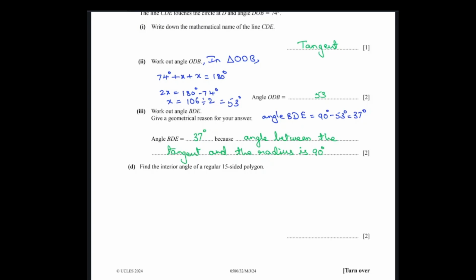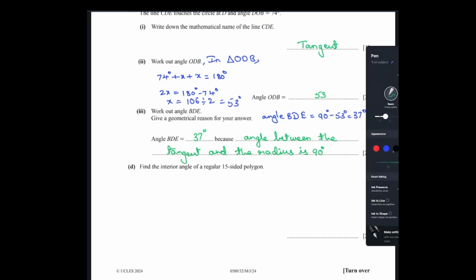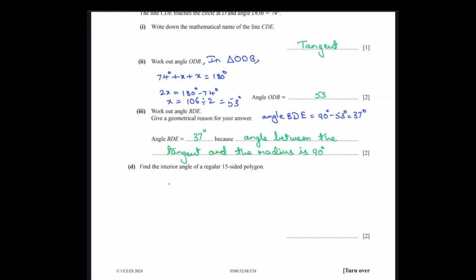Next, find the interior angle of a regular 15-sided polygon. So to find the exterior angle, we do 360 by the number of sides. So to find the interior angle, you have to do 180 minus that. So you can write each interior angle is equal to 180 minus 360 by number of sides, which is 15.